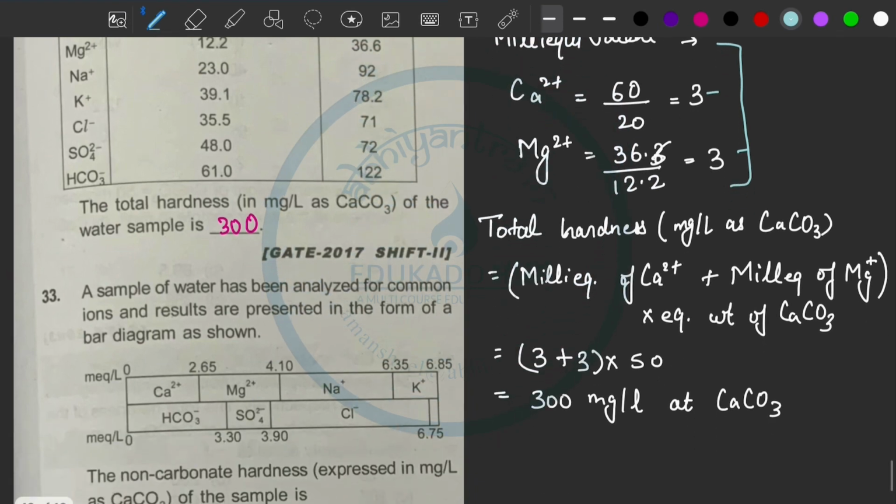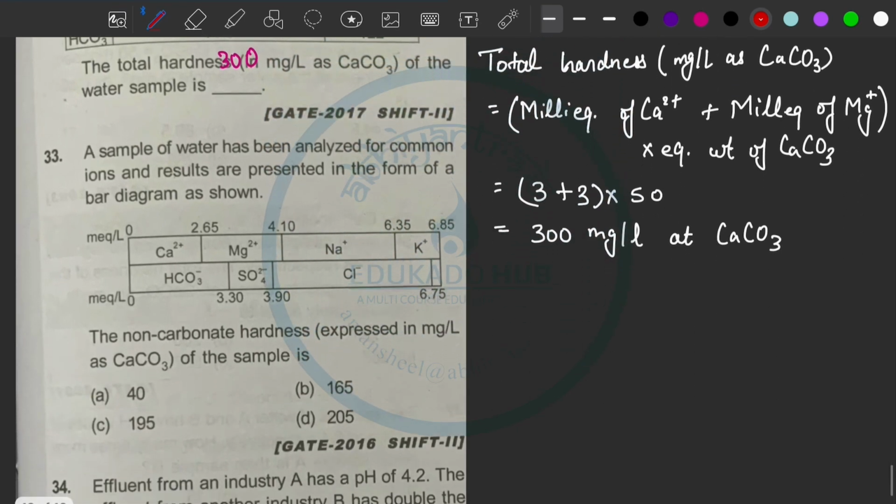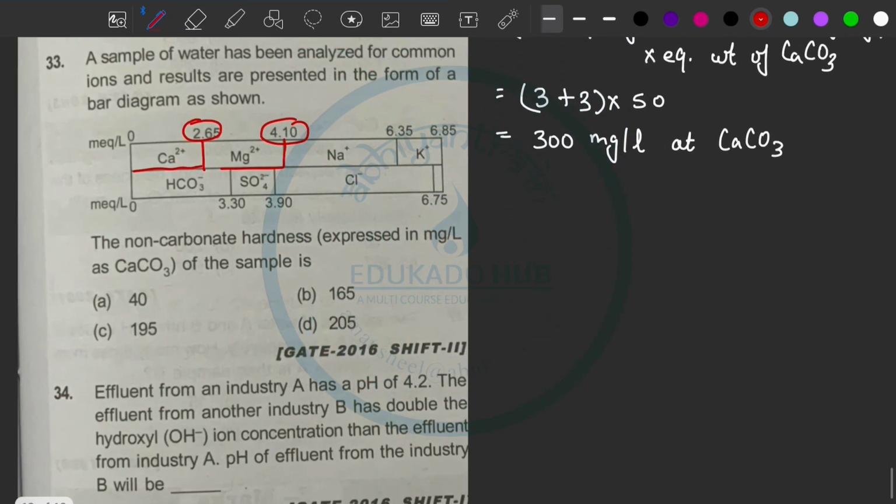Here they have already given milliequivalent per liter, like 2.65 for calcium, and for magnesium it is 4.1 minus 2.65. Now I need to calculate the non-carbonate hardness in this question. In the previous question we had to calculate total hardness, now we have to calculate non-carbonate hardness.